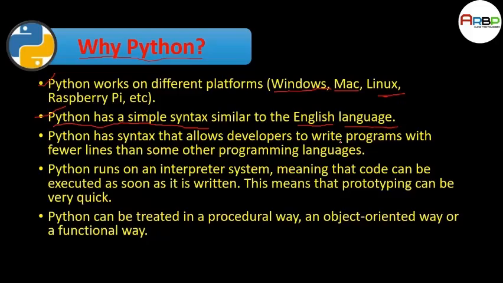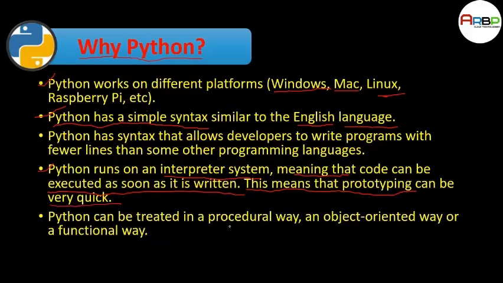In other languages, if they want to print something small, they need to write big code. Here we just use the print function to print anything. It runs on an interpreter system. It is an interpreter-based language, meaning that code can be executed as soon as it is written. This means that prototyping can be very quick.